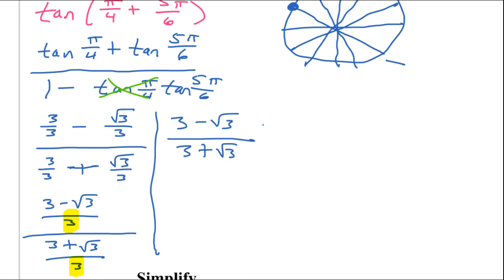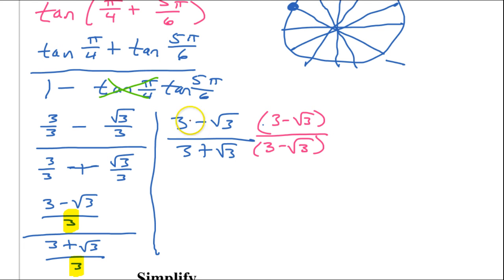We must rationalize the denominator, and we can accomplish that by multiplying the denominator by its conjugate, 3 minus radical 3. And we have to do the exact same thing in the top, 3 minus radical 3.